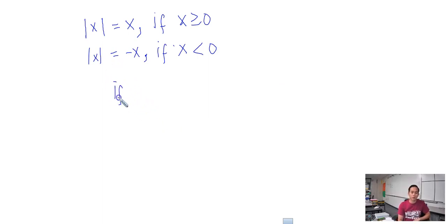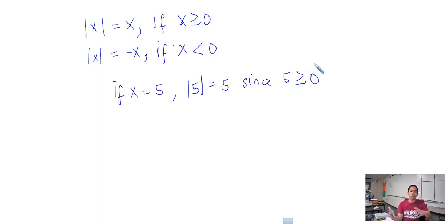If I have x equal to 5, the absolute value of 5 is equal to 5, since 5 is greater than or equal to 0.